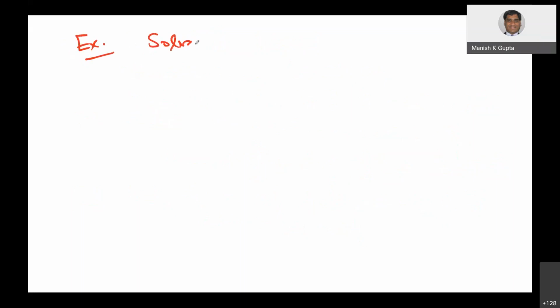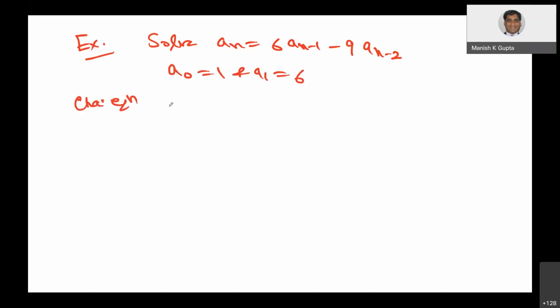Solve an is equal to 6 an minus 1 minus 9 an minus 2, the recurrence with initial conditions a0 is equal to 1 and a1 is equal to 6. So the characteristic equation will be r square minus 6r plus 9 is equal to 0. So the root turns out to be 3.